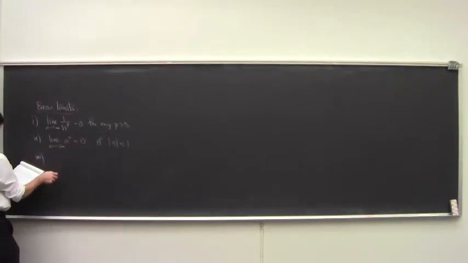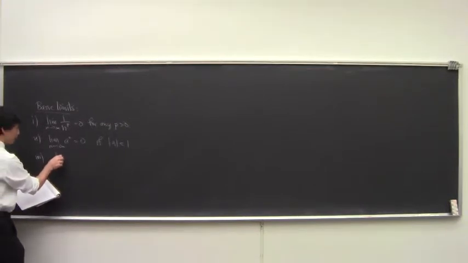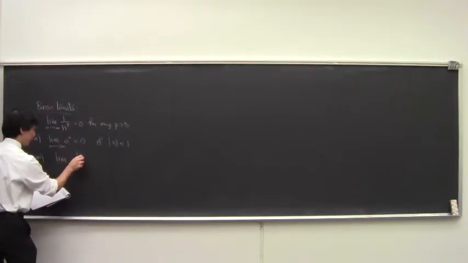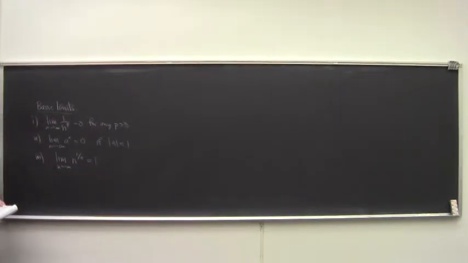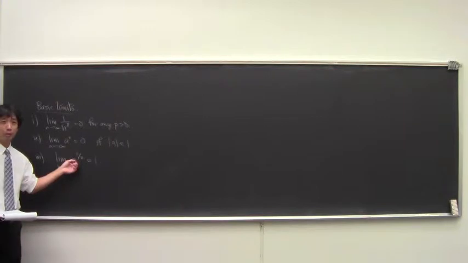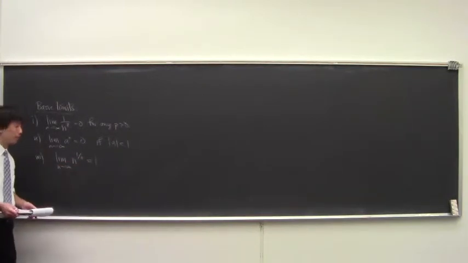3, this is the sort of cool one. The limit of n to the 1 over n as n goes to infinity is 1. Right? If you take the cube root of 3, the fourth root of 4, the fifth root of 5, etc., it goes down to 1.